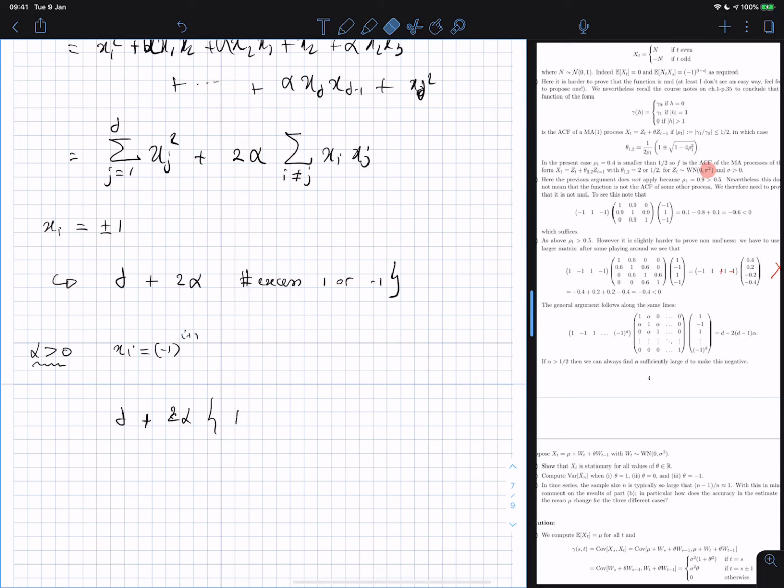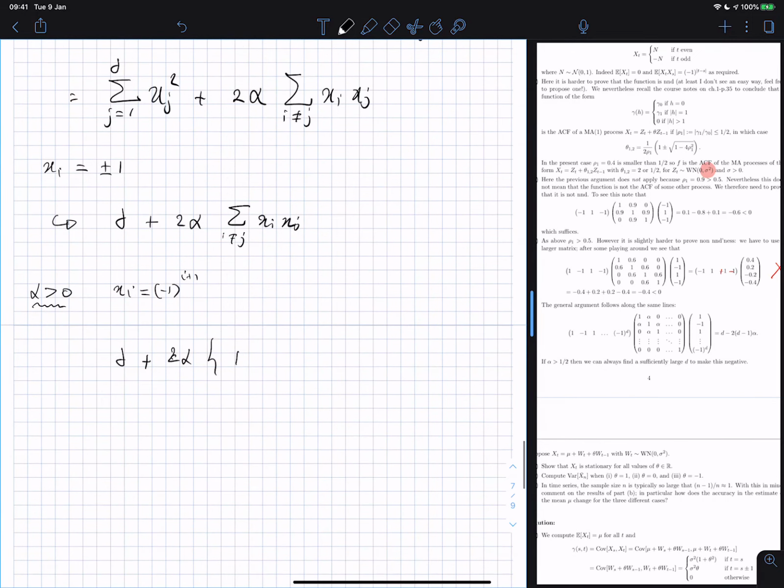I don't want to work this out, I just want to leave it like this: alpha times the sum of the xi xj's. So if I have these alternating in sign, then this is going to be a sum of, so it's d.